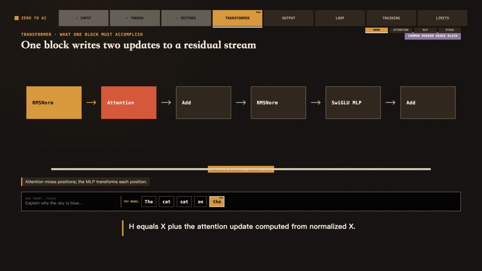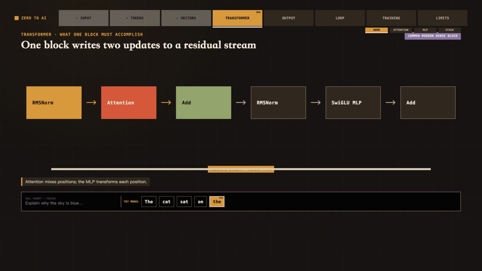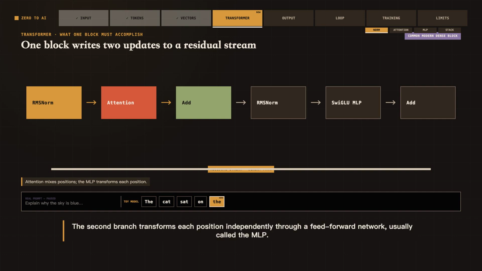H equals X plus the attention update computed from normalized X. X next equals H plus the MLP update computed from normalized H. The first branch lets token positions exchange information through attention. The second branch transforms each position independently through a feed-forward network, usually called the MLP.